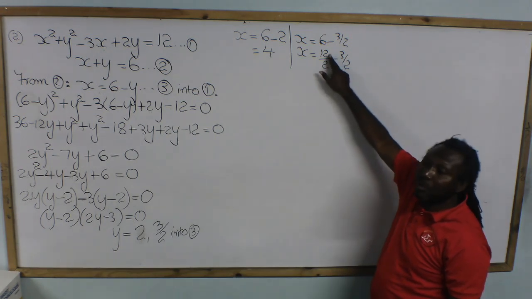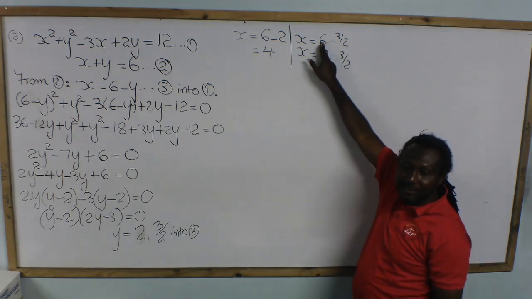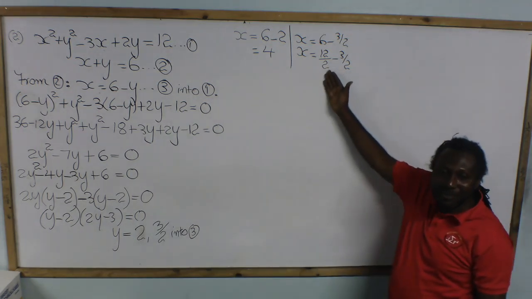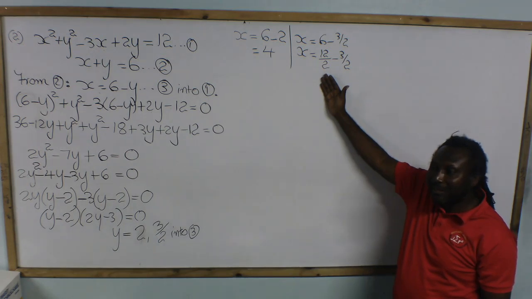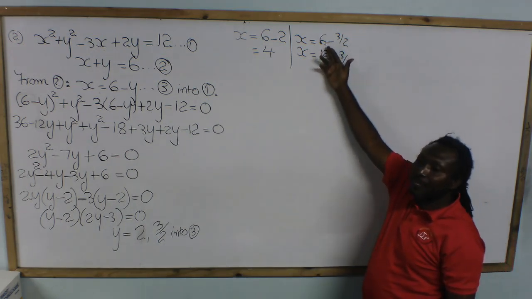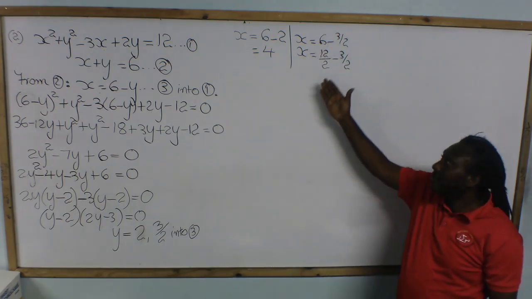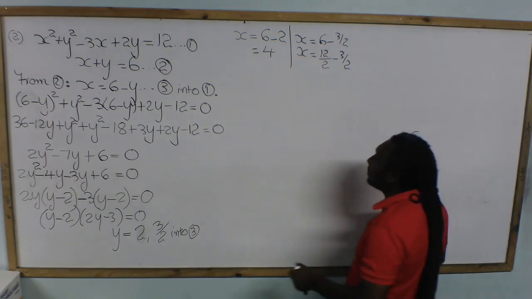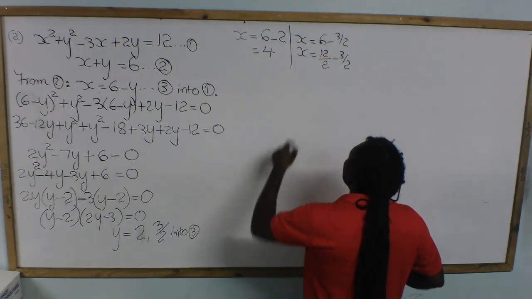If the denominator is 2, then the numerator has to be what in order that the number will be 6? This is a simple adjustment that everyone can make. Writing 6 as what? 12 over 2. So this subtraction becomes very simple and it turns out to be what?